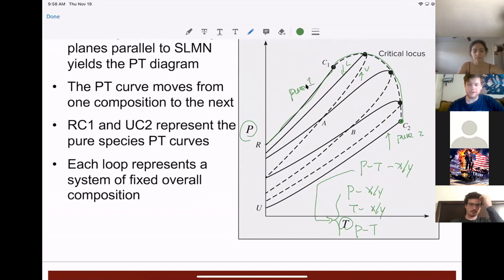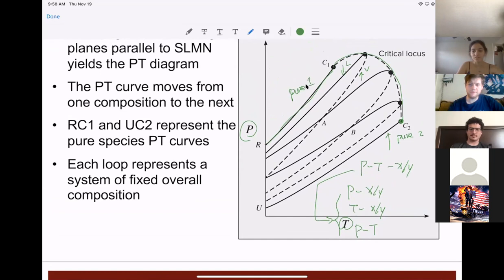The graph kind of looks like a jellyfish. How do you see a jellyfish? How do you not see a jellyfish? Let me. This arch up here is the critical locus is the box, and then all these lines are the tendrils. Y'all are dumb. What? No, it looks like a jellyfish. Everyone, it's just you on here. Doesn't see the jellyfish. So you see that it's not fair.